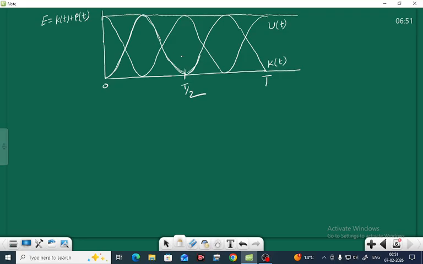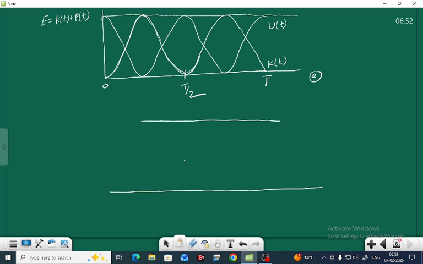And if you find the graph for displacement, then we will find it like this. So this is the graph for that. This is one, and there is another like this one.